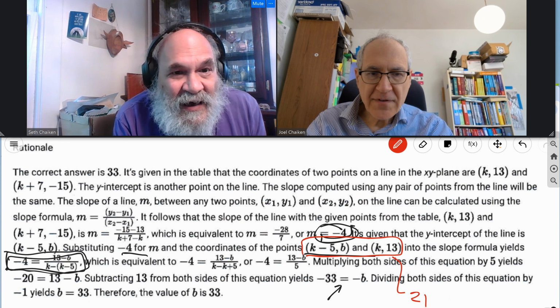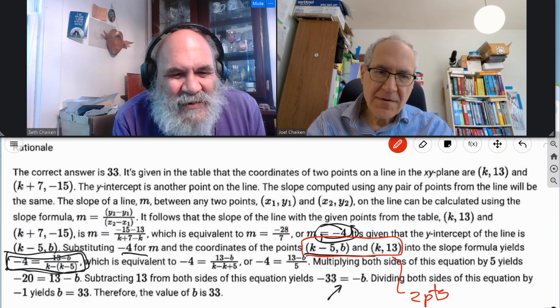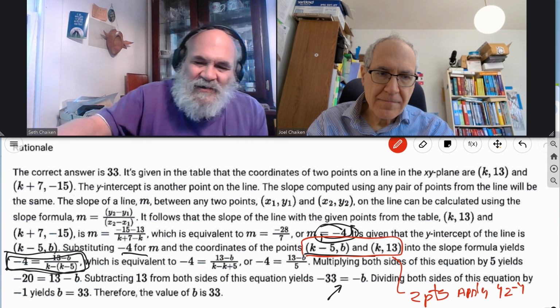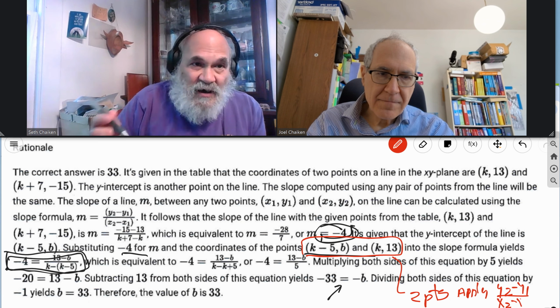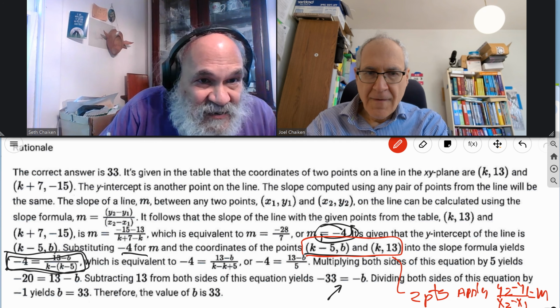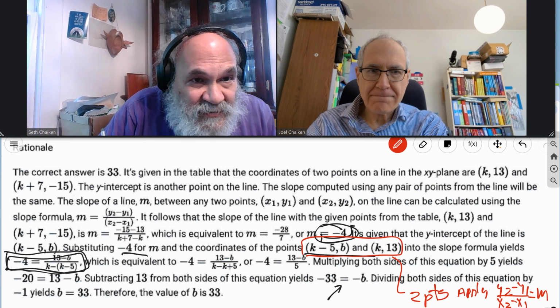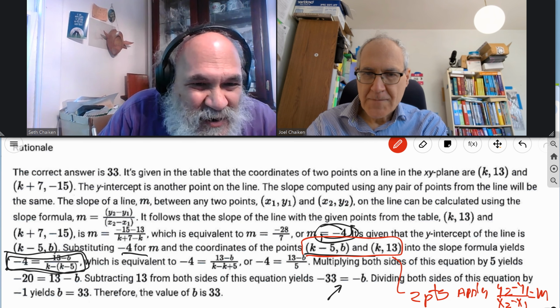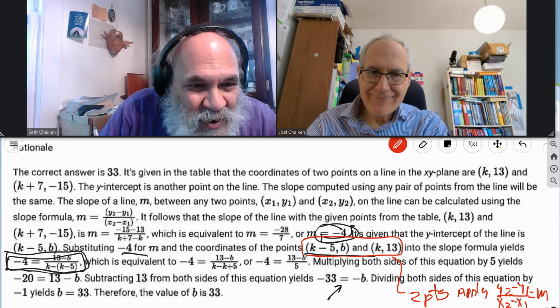These are the 2 points, and their calculation yielded, let me pick a distinct color, a really remarkable color, purple.